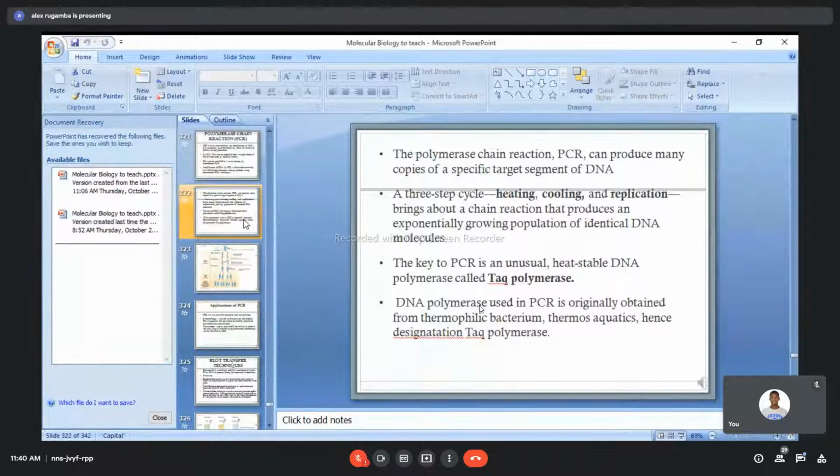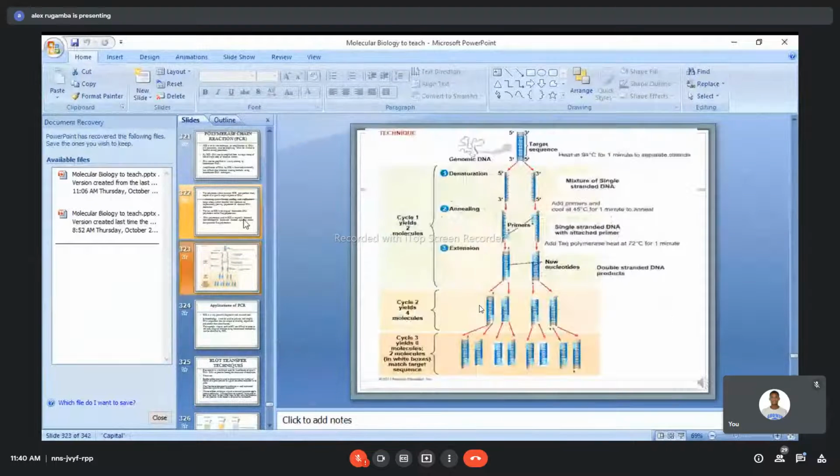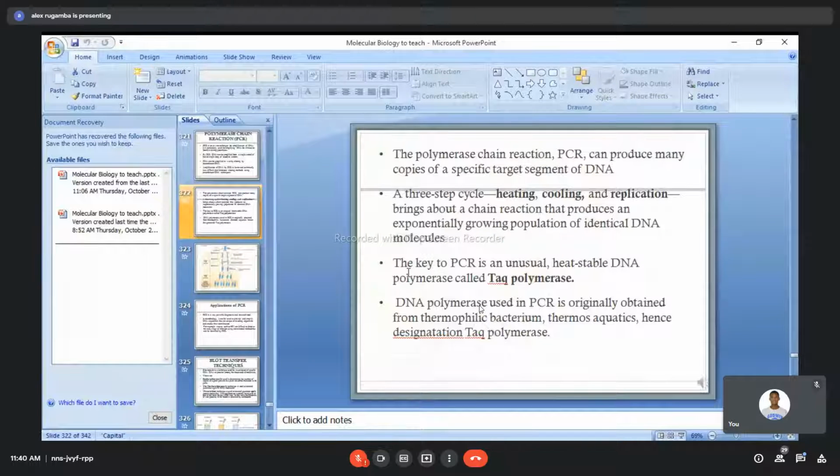So the 3 steps of PCR are denaturation, annealing, and extension. Denaturation is separating the double strand of DNA by heating. So you heat, and then the strands of DNA will be separated.